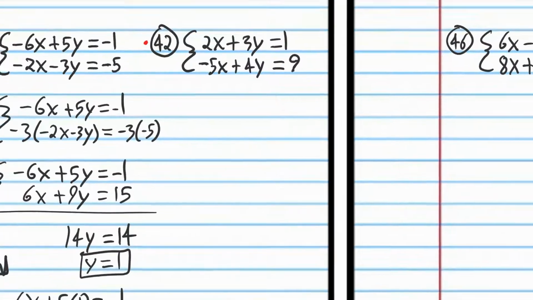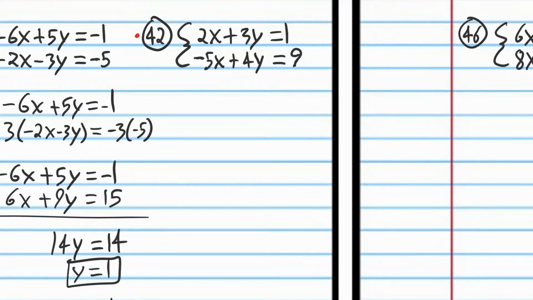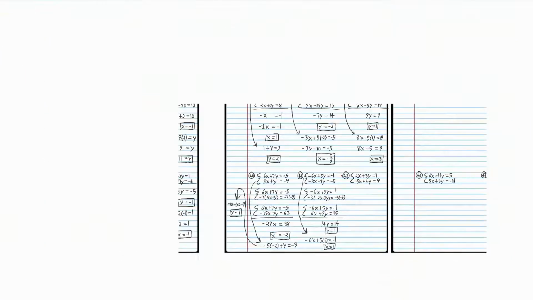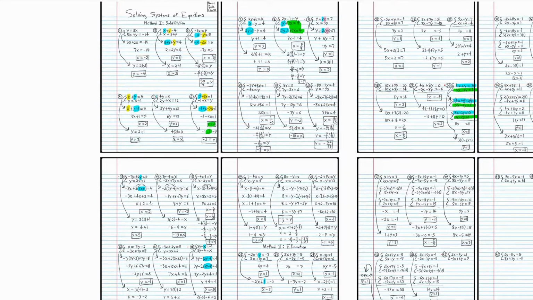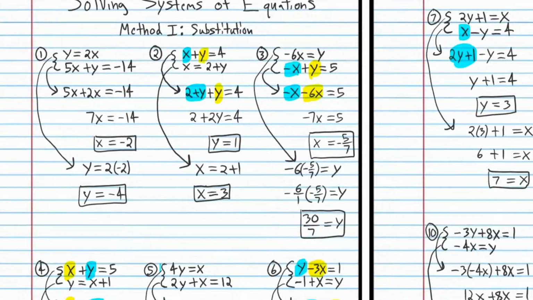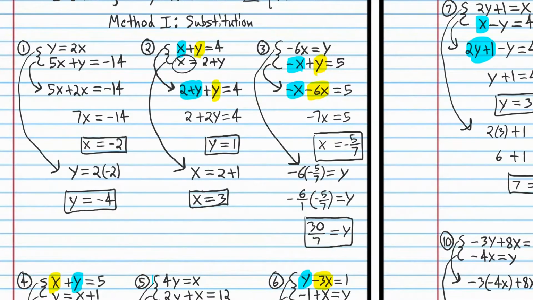All right, so now we're going to the last type of problems here. Again, we learned substitution, and then we learned elimination. Substitution is when you're just taking one variable that is solved for, and you plug what that equals into the other equation.